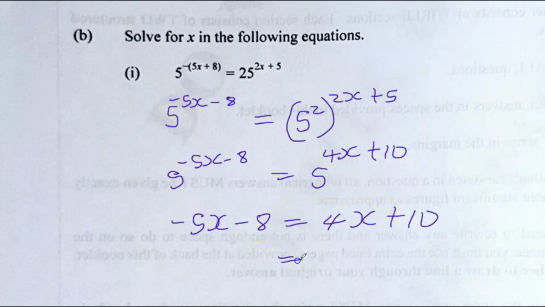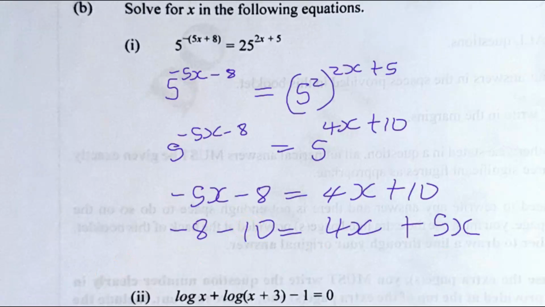We group the x's on the right hand side. So I have 4x, and grouping minus 5x on the right gives positive 5x. We have minus 8. Grouping positive 10 on the left, we have minus 10. So this is minus 8 minus 10, that's minus 18. 4 and 5, that's 9, so 9x.